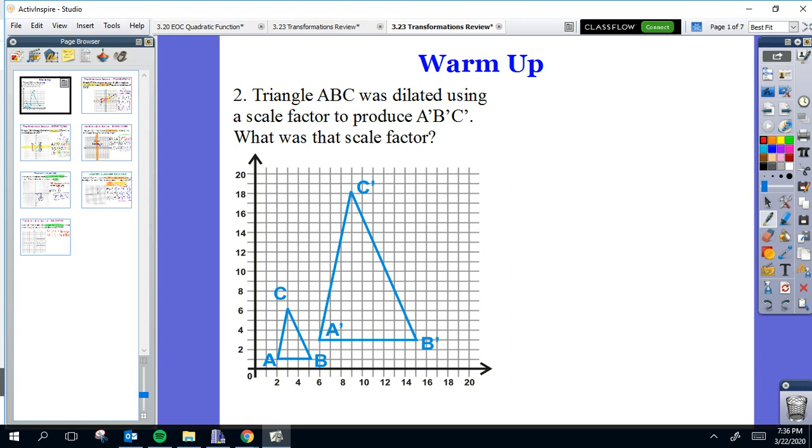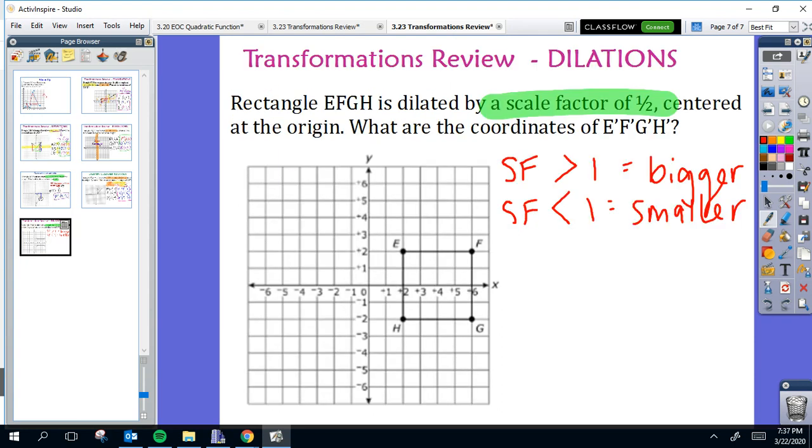So in the do now, the scale factor was 3, and this shape was going from a small shape to a larger shape. In this scenario, because the scale factor is 1/2, we're going to imagine that this shape is going to get smaller.